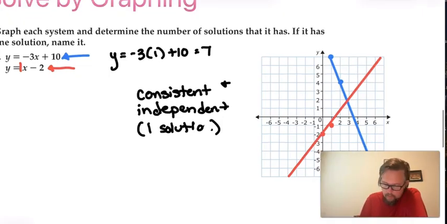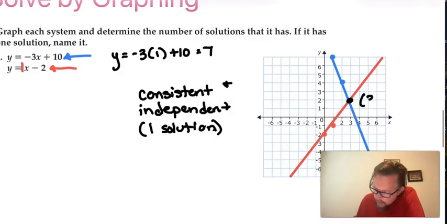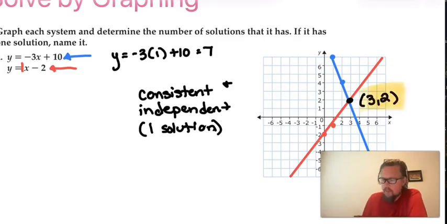One solution. And the solution is right here, and that coordinate looks like (3, 2). So that's going to be our answer. (3, 2) is the solution to that system of equations. So we graph the two equations, we see the spot where they cross, and the spot where they cross is the coordinate (3, 2).